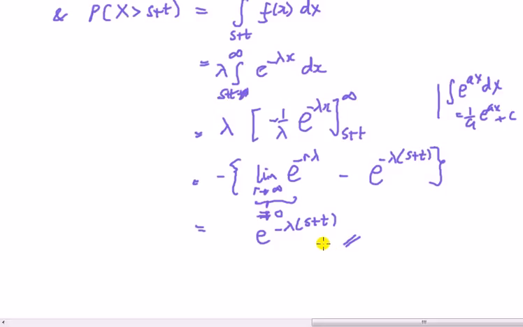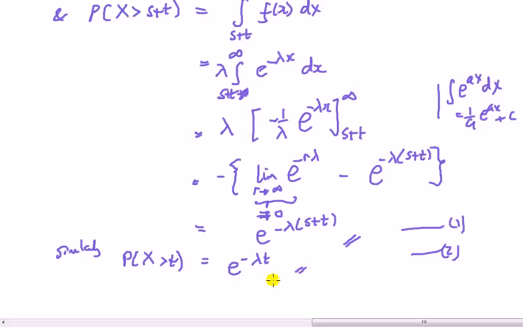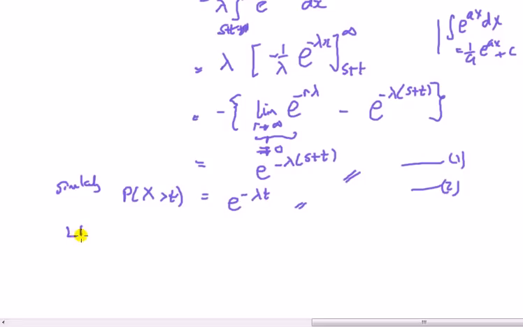And similarly, for the bottom part, you can just see directly that the probability X bigger than t is going to be e to the minus lambda t. So again, the left hand side is e to the minus lambda s.